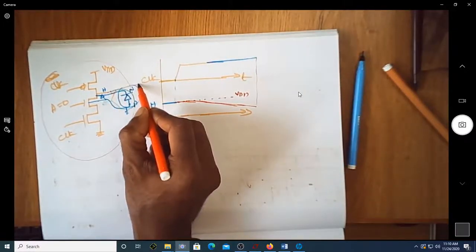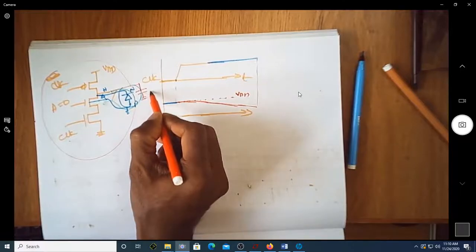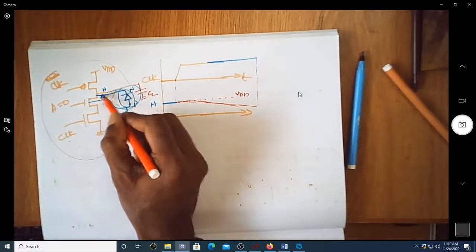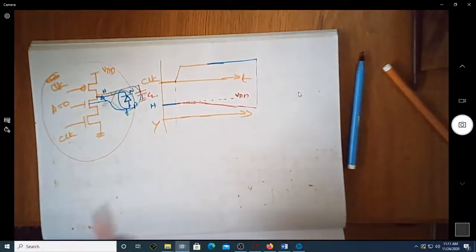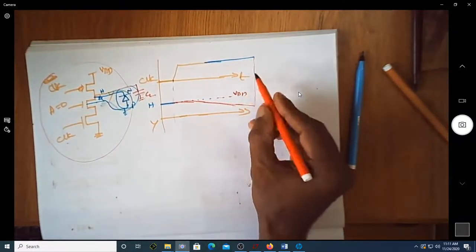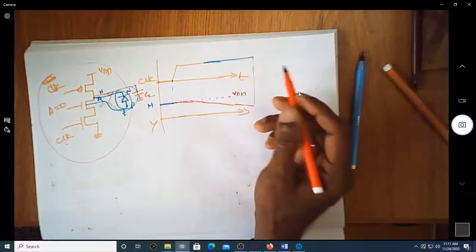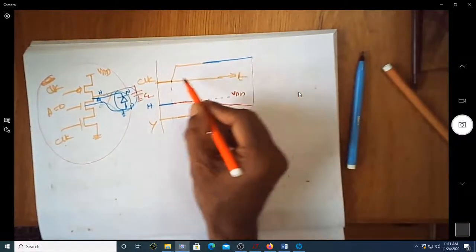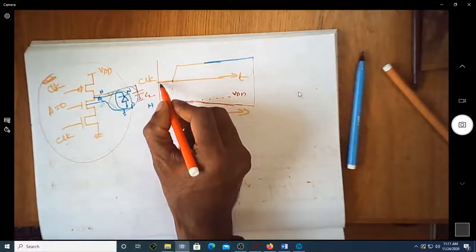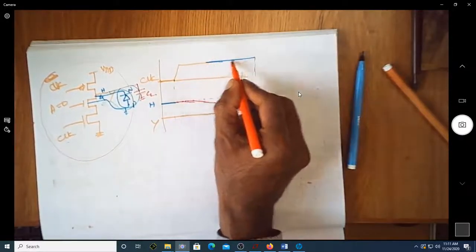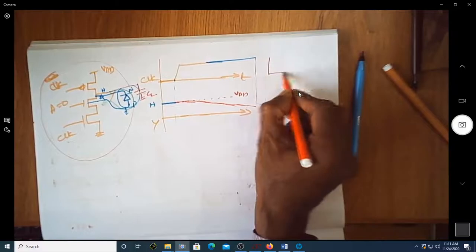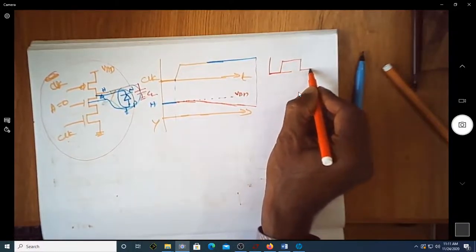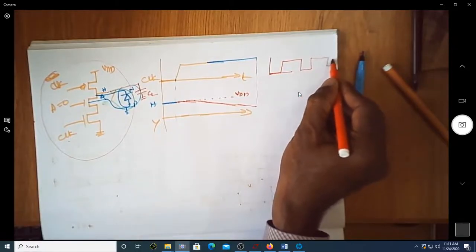The charge that was accumulated in the load capacitor has leaked to ground through this reverse biased diode. To avoid this charge leakage, they always pre-charge at regular intervals. So the clock will never be held at 0 or 1 for a long time. They apply a clock which goes pre-charge, evaluate, pre-charge, evaluate, pre-charge, evaluate.